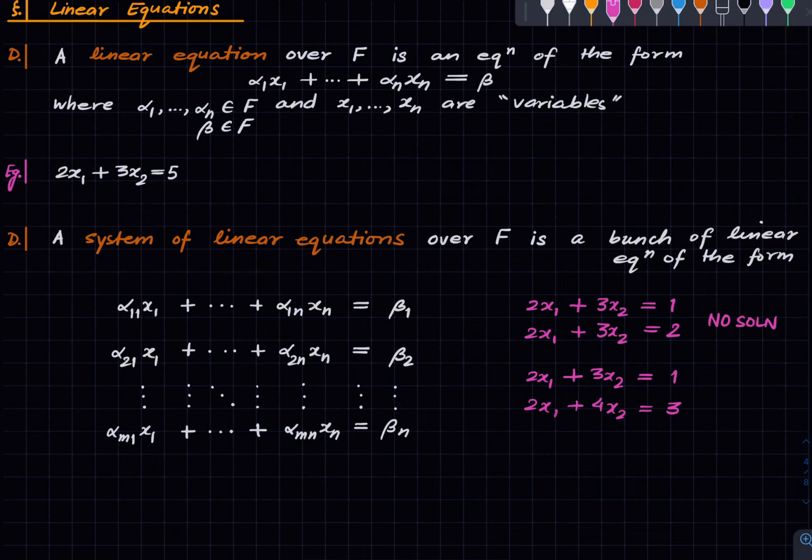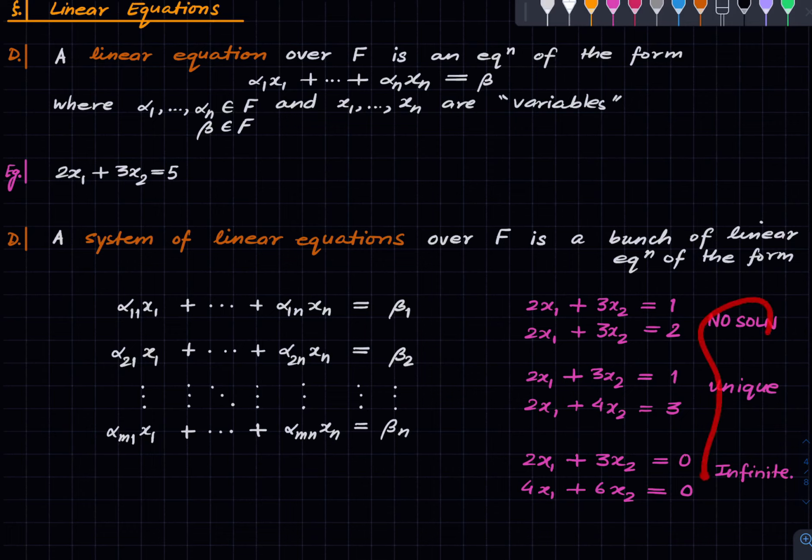So here you get unique, and to get infinitely many solutions, this is one such example. And here you have infinitely many solutions, you can verify. So this is something that we can comment on using linear algebra.